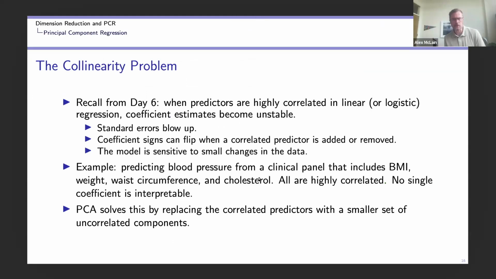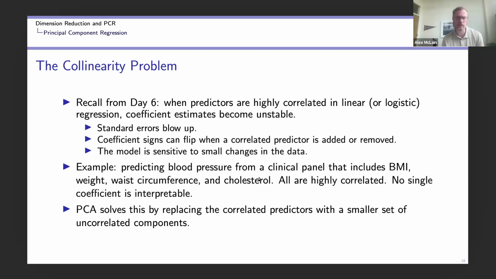When we talked about linear regression on day 6, I mentioned how linear regression is unstable when you have certain predictors that are highly correlated with one another. For example, maybe diastolic and systolic blood pressure. We had another one that came up that way.